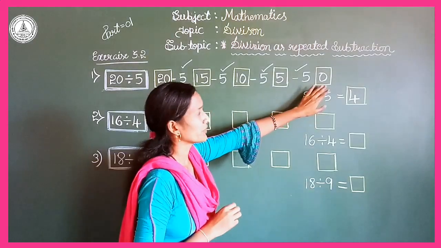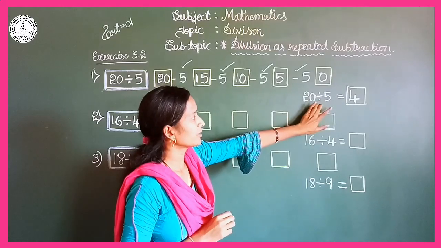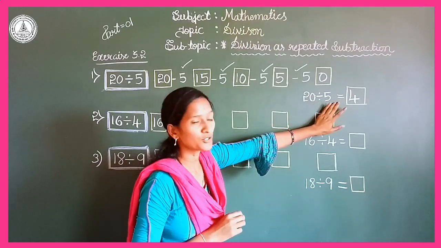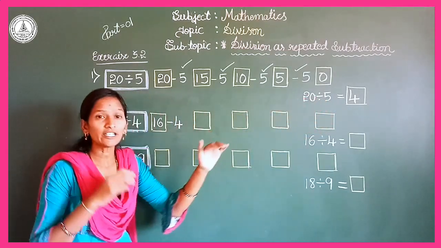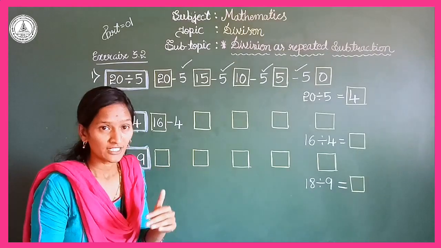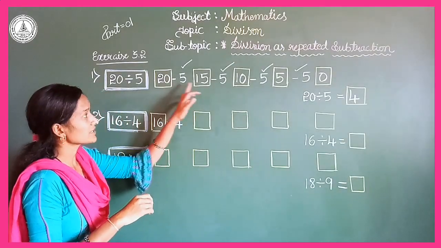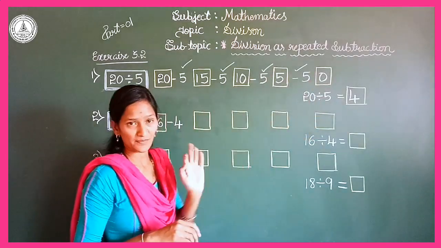So at last we get 0 here. So 20 divided by 5 is equal to what? It is 4, which is how many times the number is subtracted. So here the number 5 is subtracted 4 times. So that is the answer here.